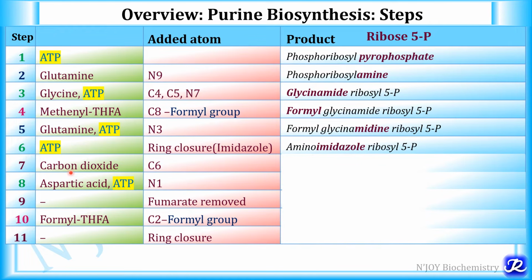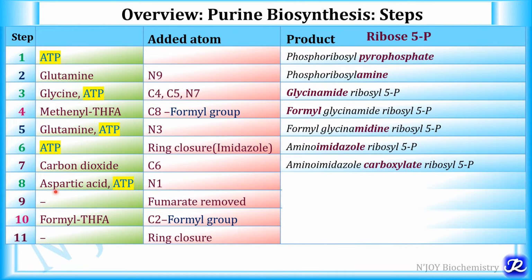In the seventh step, carbon dioxide is incorporated, which is responsible for the contribution of the carbon present at the sixth number. So the name of the product is amino-imidazole, same as the previous name, only as carbon dioxide is the donor, it becomes carboxylate 5-phosphate. Carboxylate, because carbon dioxide is involved here.